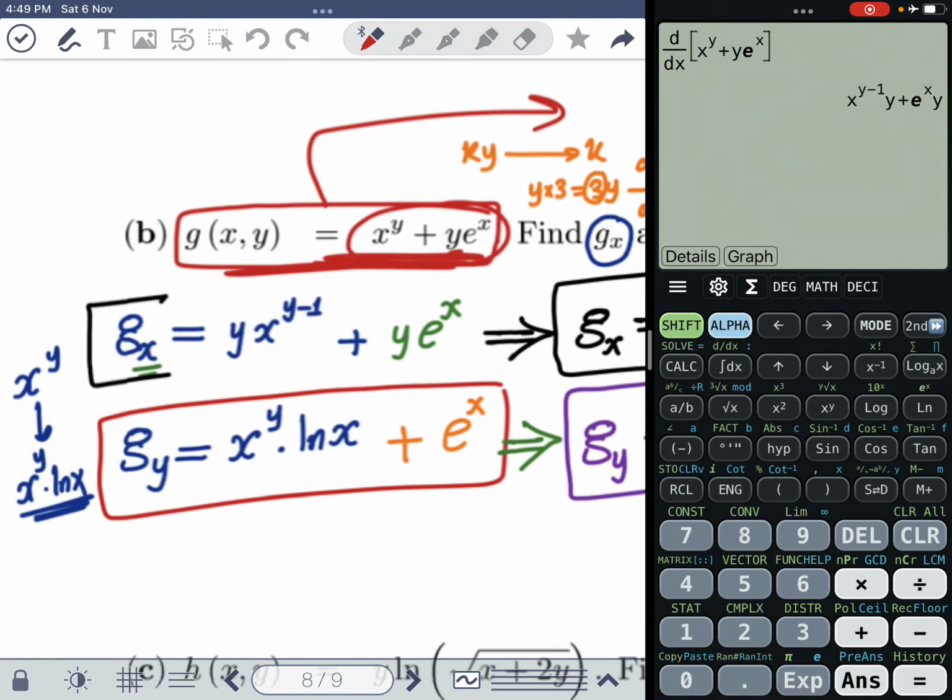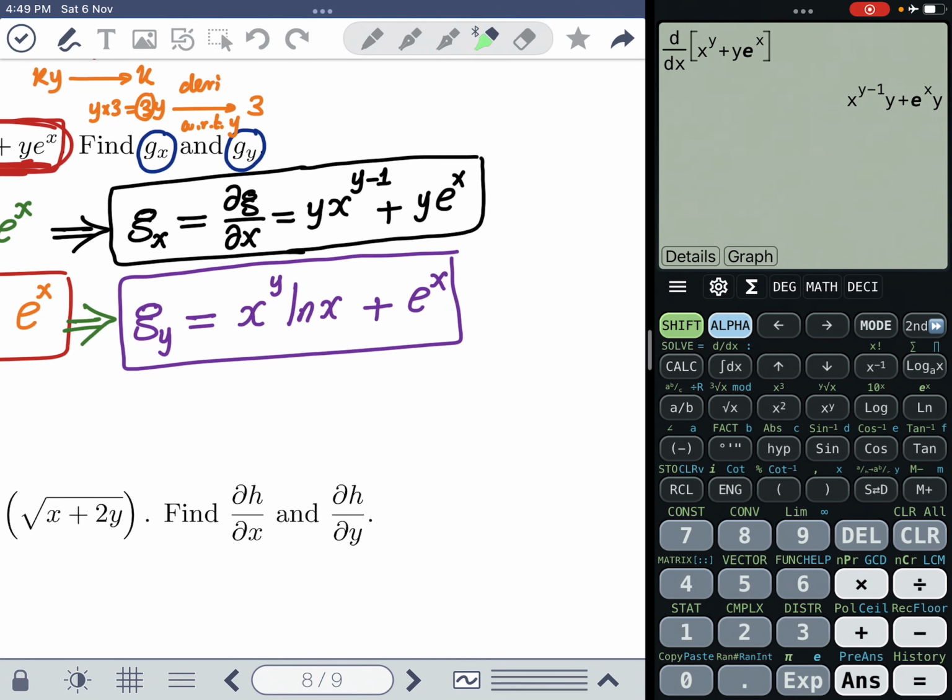That's with respect to x. Let's compare it to what we have here and see if it's the same or not. X to the y minus 1 times y, I see it there. And then y e to the x, yes, happy face. Okay, so the first one is correct.